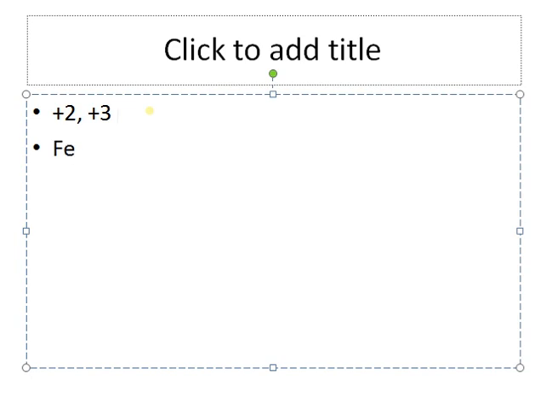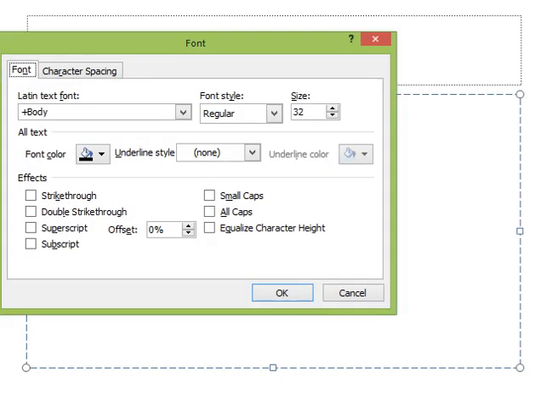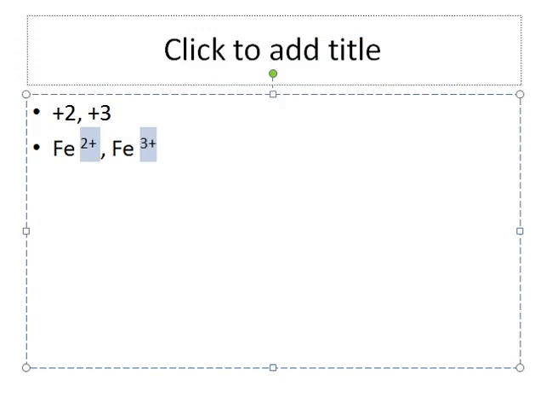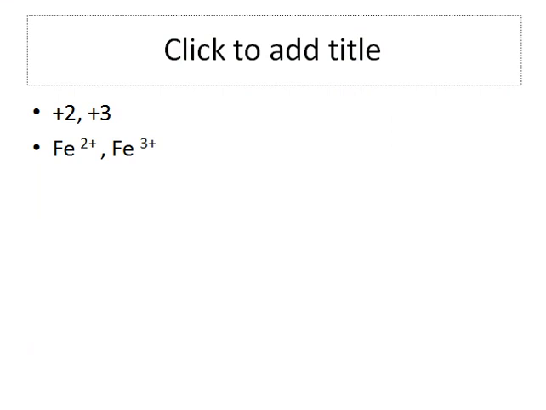That is, Fe2+ and Fe3+, the ferrous and the ferric forms.